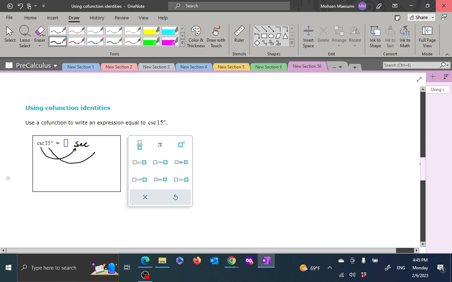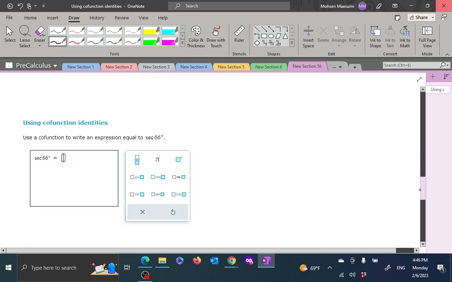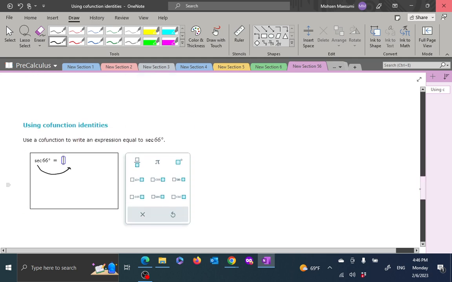This one is given in degrees, so our job is a bit simpler. 90 minus 15, and of course that is 75 degrees, so 75 degrees, and then we are all done. What's the cofunction of secant? Well, of course, it's cosecant. Again, 90 minus 66, what is that? 24 degrees, am I right? 24 degrees. And that's it.